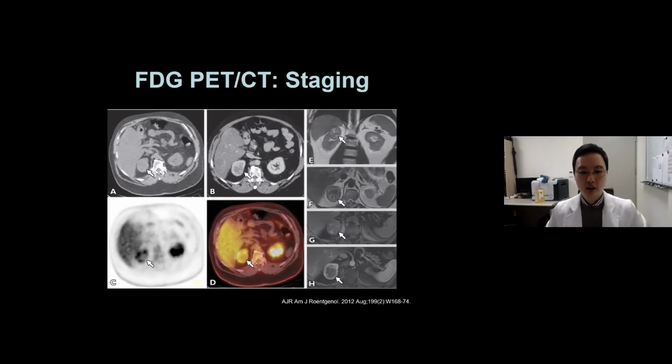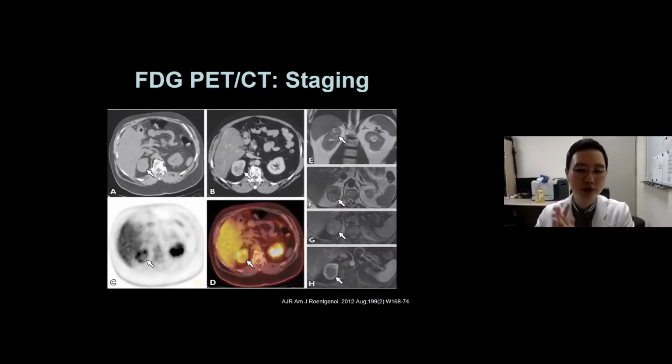It has been estimated that more than 50% of RCCs are found incidentally on imaging, of which FDG PET-CT accounts for some portion. However, the most commonly encountered incidental lesions on FDG PET-CT are simple cysts. But there is also a chance, 5% or less, of encountering a more complicated or soft tissue lesion.